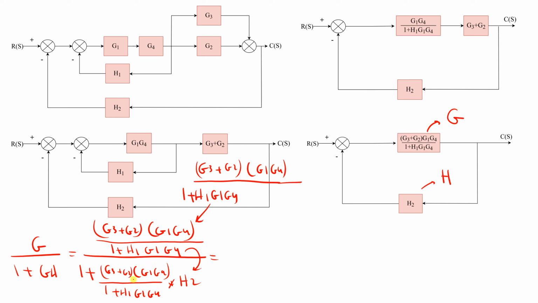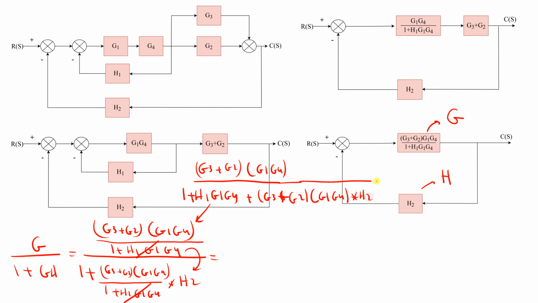So this multiplied by this will go with this, so we will have this part only. So it will be plus G3 plus G2, G1, G4 multiplied by H2.